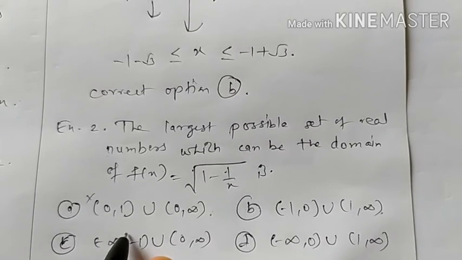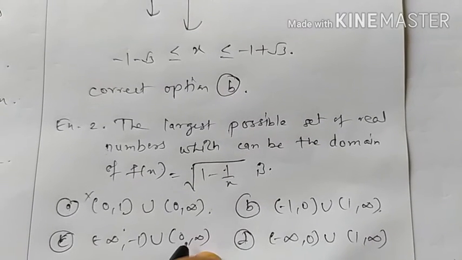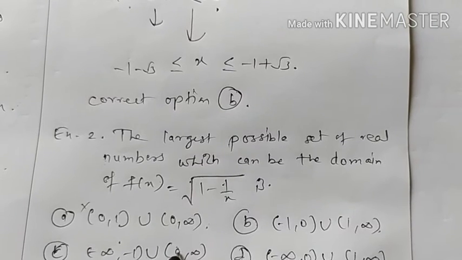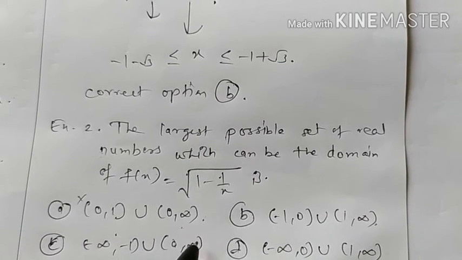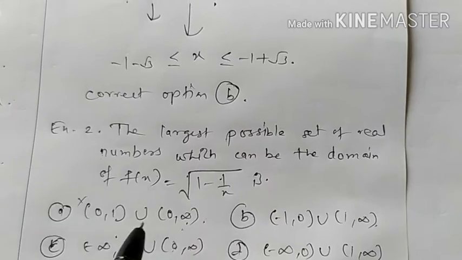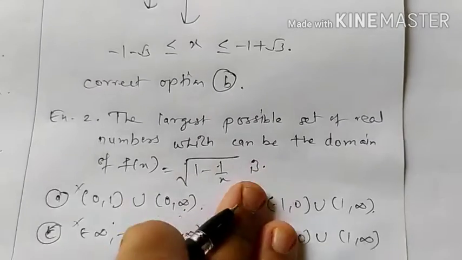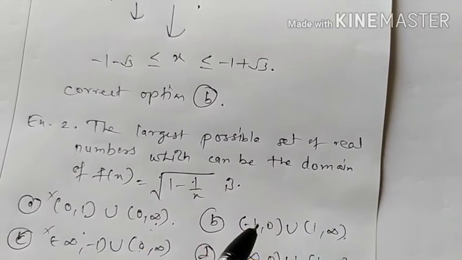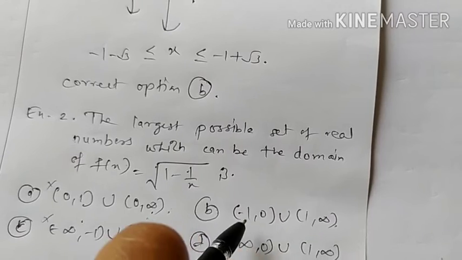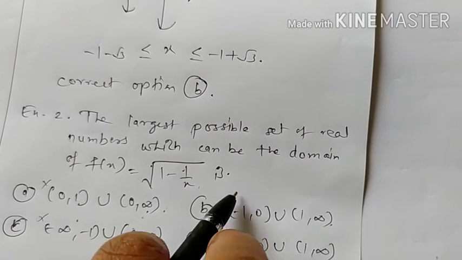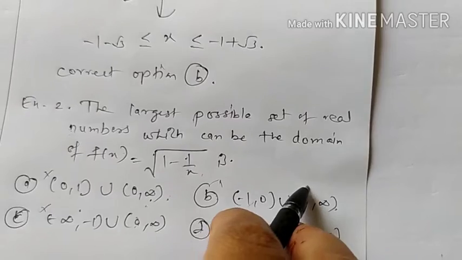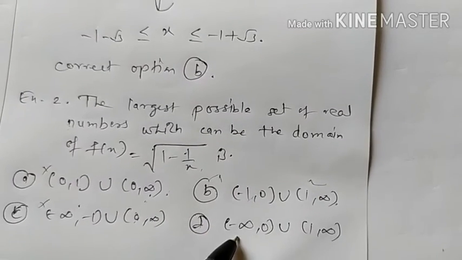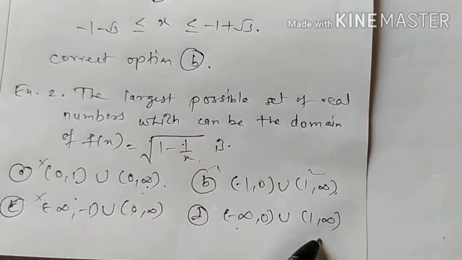So this interval we can take, but 0 to 1, the x value is not in between 0 to 1. 0 to infinity, 1 to infinity is there, but 0 to 1 is not there. So this also we cannot take. Now here minus 1 to 0 values are there in x because we have minus infinity to 0. So this also we cannot take.